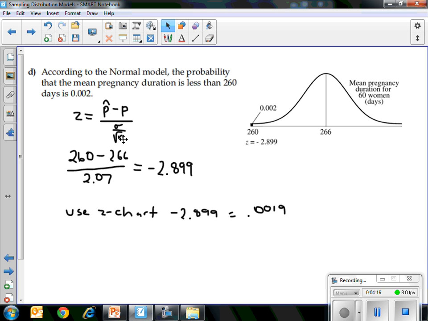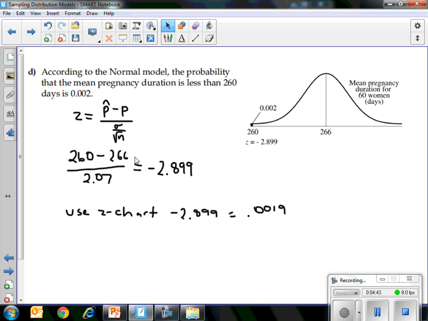This is just another way of saying y minus mu divided by sigma. There's your p hat. There's p. There's your standard deviation. So you have your 260. This is the one that we're looking at. There's your mean. And there's the standard deviation that we just found.